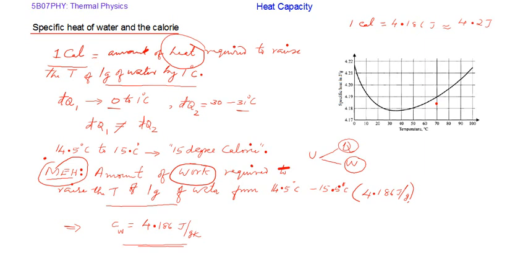Then we came to what is known as mechanical equivalent of heat. I am not using any symbol for that, and that was found to be 4.186 joule per gram. And finally we come to the specific heat capacity of water, which is 4.186 joule per gram per Kelvin.